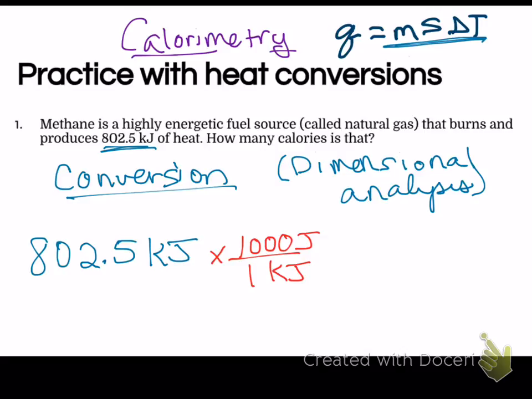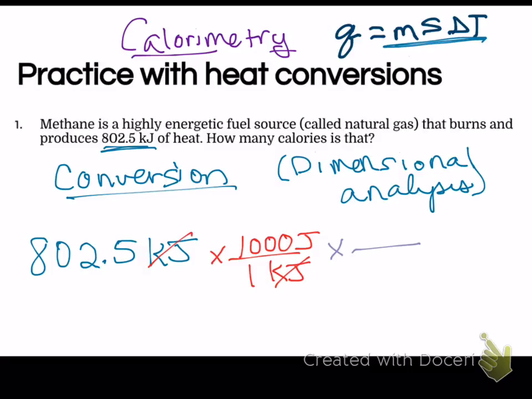And kilojoules goes on the bottom because I want to be able to cross these off. Okay, so you can either solve this and then do the next dimensional analysis problem separately, or you can continue to stack them up. I'm going to stack them up because I'm running out of room here, but you can do it either way.